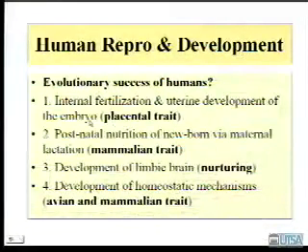So human reproduction and development really has a lot to do with the evolutionary success of humans, and in part that's related to the internal fertilization and the uterine or intrauterine development of the embryo. There is the placental trait. So are humans viviparous or oviparous?